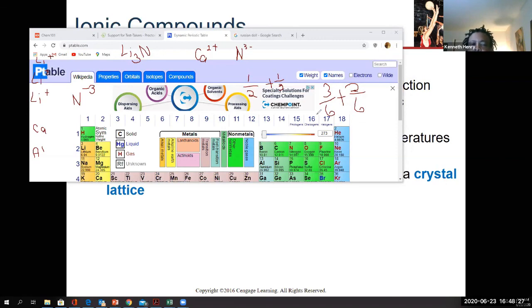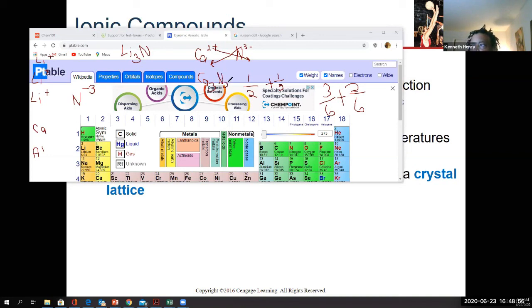So you're going to do something similar in chemistry. The best way of doing it is take that number and use that as your subscript. Instead of using positive or negative, we're going to use absolute values. So then you're going to get calcium 3, nitrogen 2.